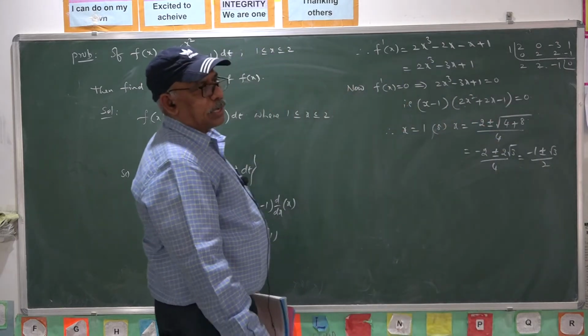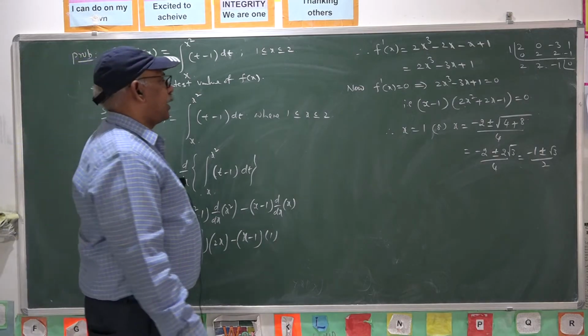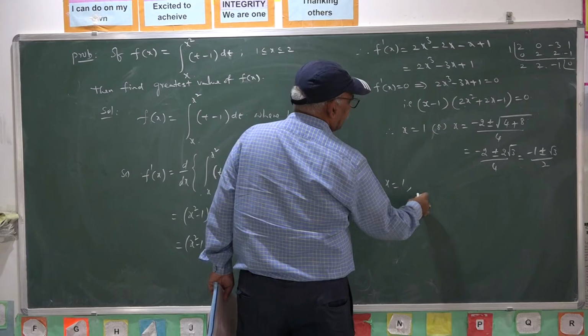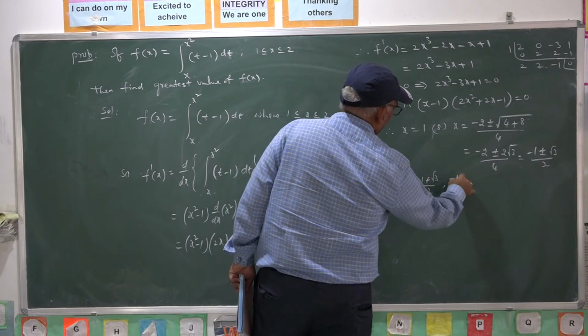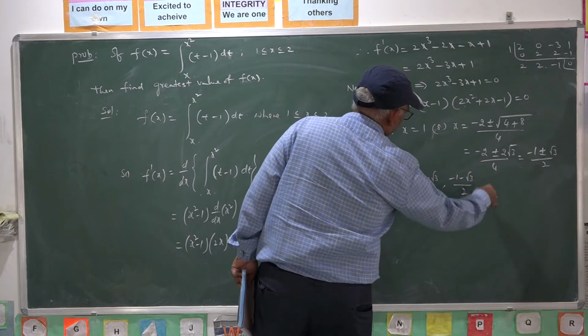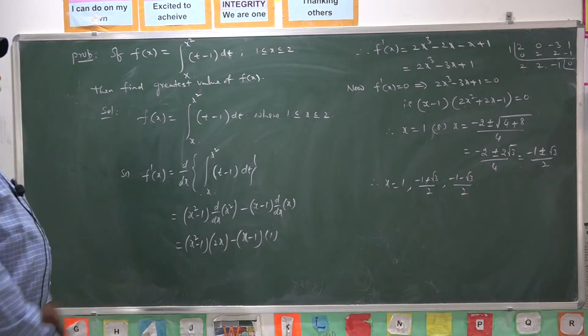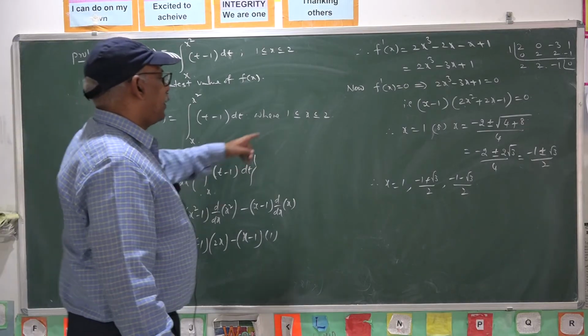Hence here we have 3 values for x: x equal to 1, minus 1 plus root 3 by 2, minus 1 minus root 3 by 2. All the values lie between 1 and 2 only.